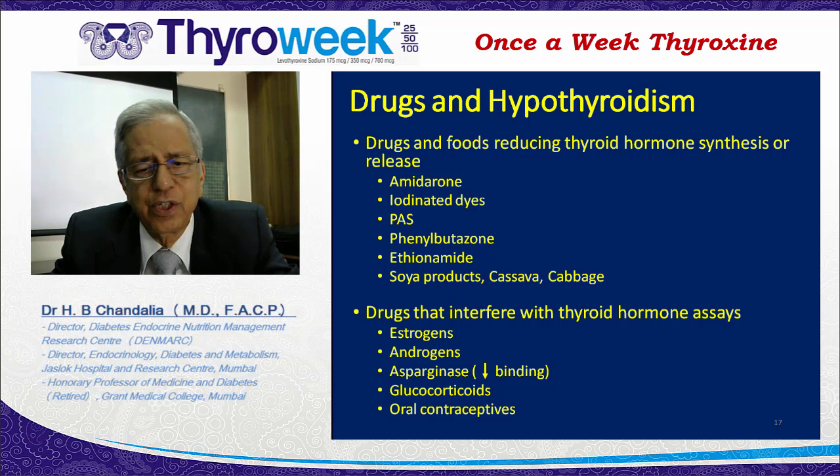This drug will induce acute hypothyroidism. And of course, the same thing will be done by iodinated dyes and many other compounds. Remember that soya products are also important in this regard.